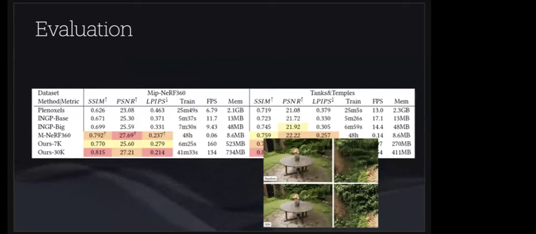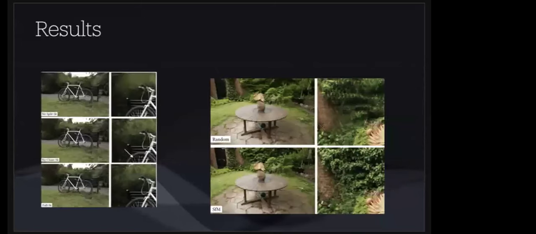Especially NeRF 360, which was supposed to be the best, but now you can see the SSIM value is significantly larger than all the other techniques. And for LPIPS, it's the lowest among all the techniques they have used.